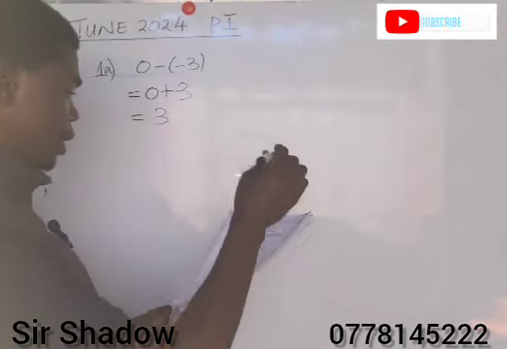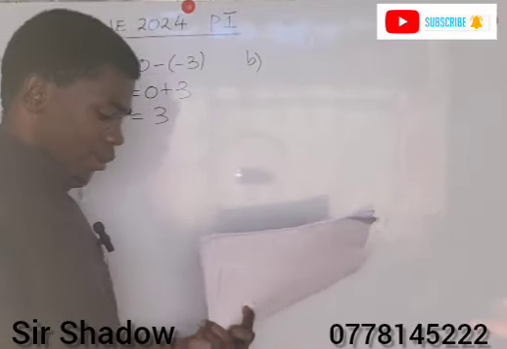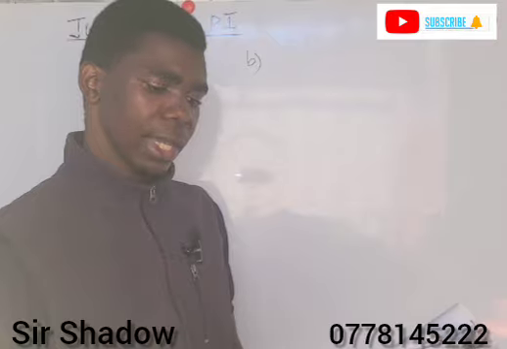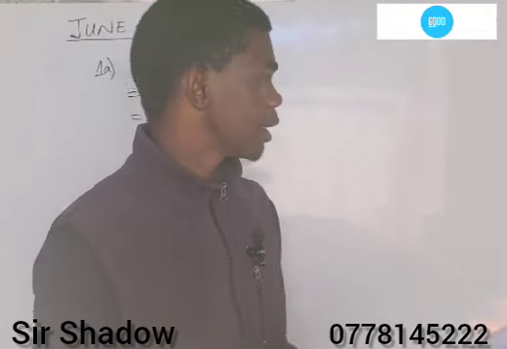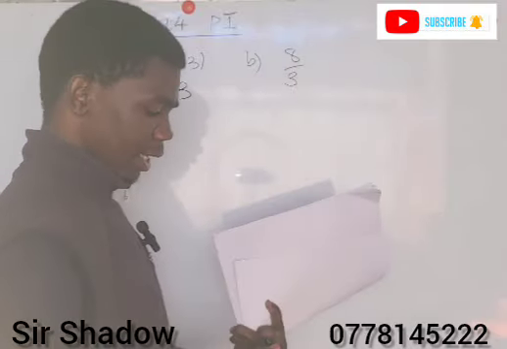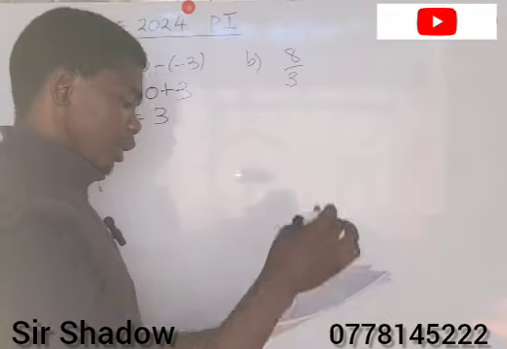Let's move on. Question 1B reads: express 8 over 3 as a recurring decimal.